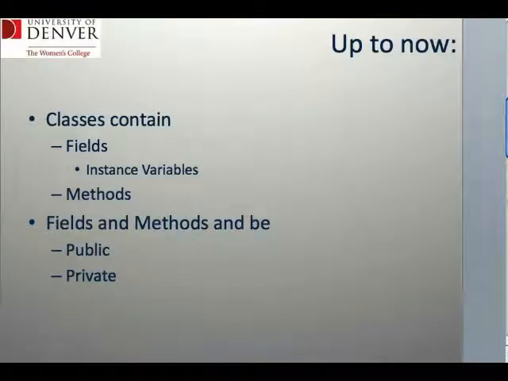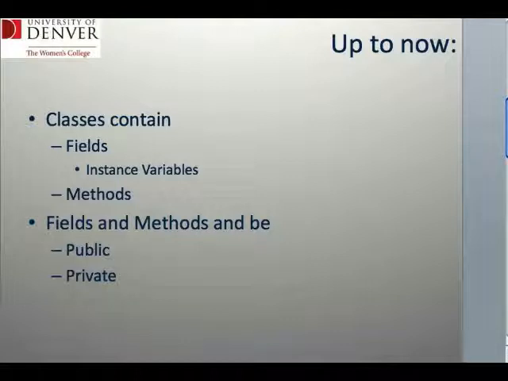So, up to now in the online lectures we had last week with Carl, we've talked about the general characteristics of classes. And you will recall that classes contain fields, which some people call instance variables.